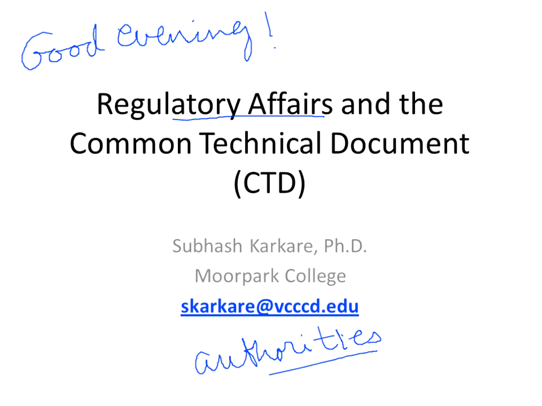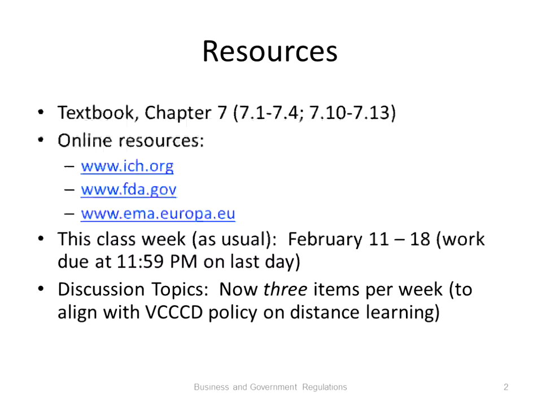Before we begin, I want to talk about a few things. For today's lecture, you can find most of the material in Chapter 7, sections 7.1 through 7.4, and then 7.10 through 7.13. Okay, so 7.1 through 7.4 goes over regulatory authorities, and 7.10 to 7.13 goes over the CTD, the Common Technical Document.